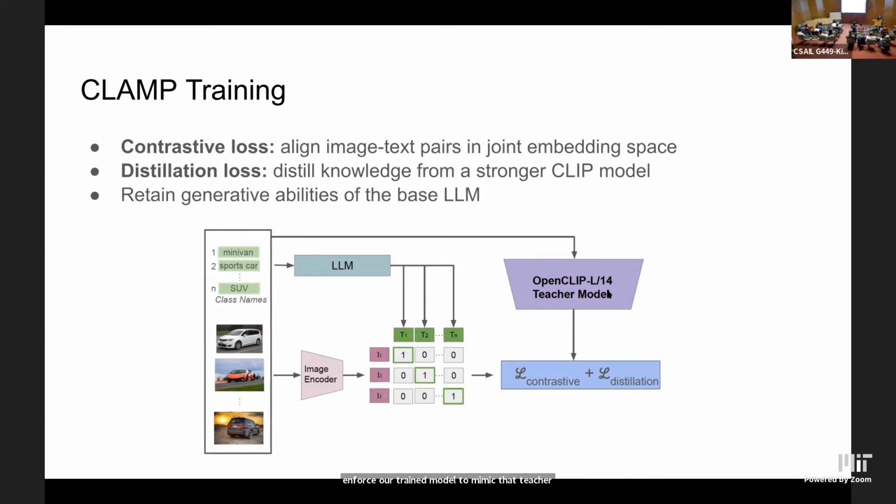What we find is that this tends to improve performance because we're distilling from a strong teacher. And when we train this way, we still hope to retain the generative abilities of our base LLM, so that after we finish training, we can still do chat and generate text and not just do discriminative tasks like CLIP does. So we want to be in the best of both worlds and keep both capabilities.